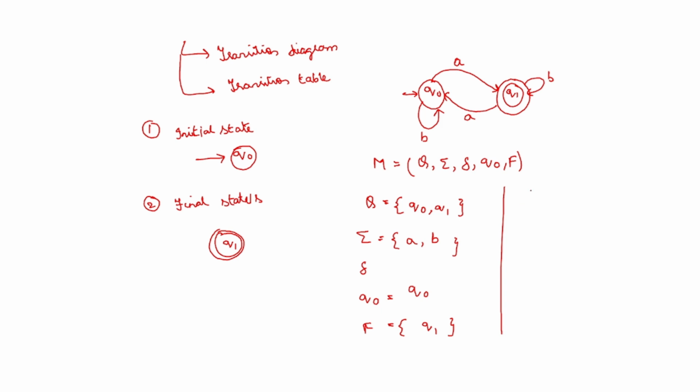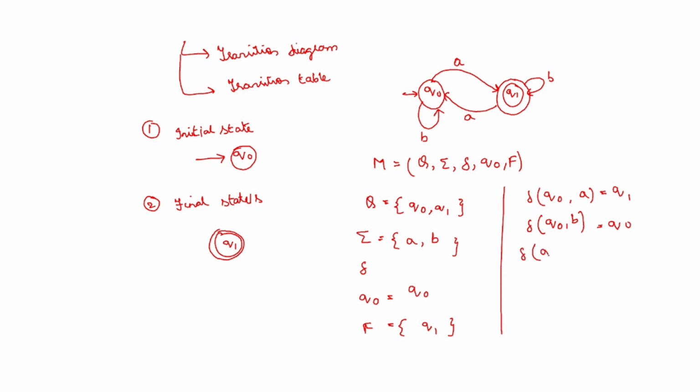And coming to the transition function delta, delta of q naught comma a goes to q1, that is, when the state q naught is applied with a the state changes from q naught to q1. And delta of q naught comma b, when q naught is applied with b the state remains the same, it equals q naught.